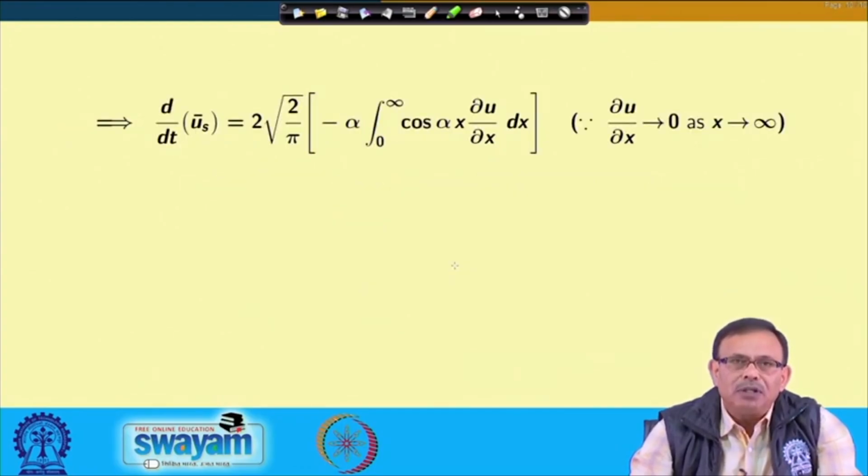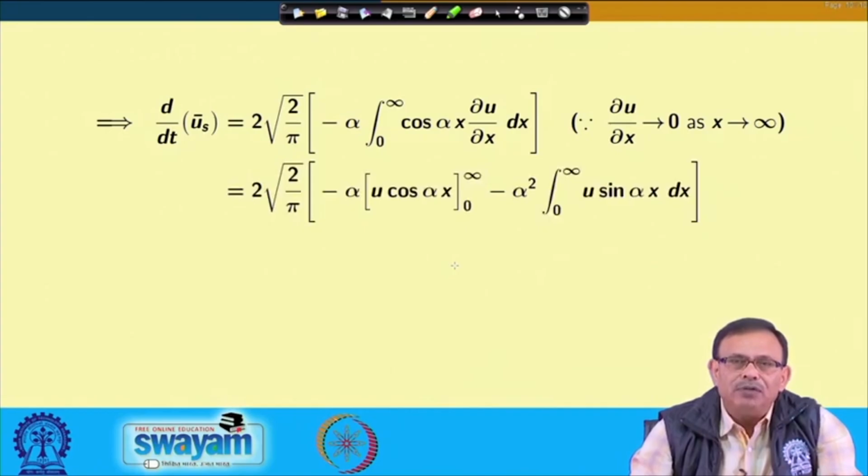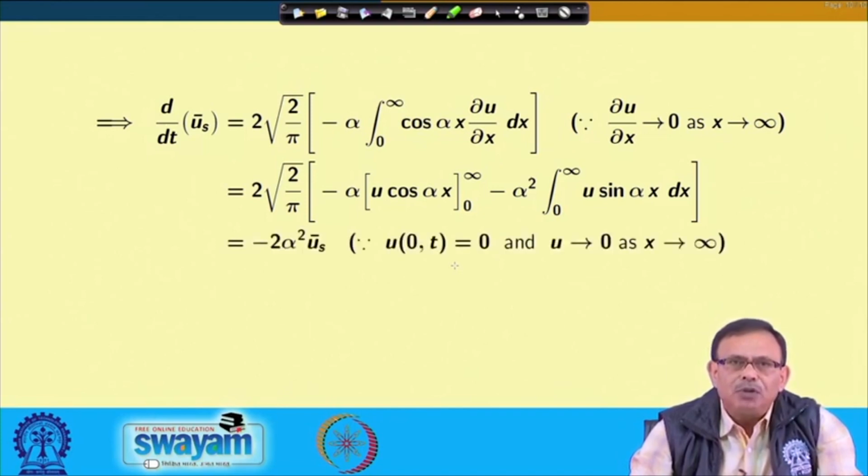So, I have written this integral, and again if you evaluate it with integration by parts, I will obtain this one. And again the limiting value of the first term will vanish, as we know u at x equals 0 is 0, and u approaches 0 as x approaches infinity.